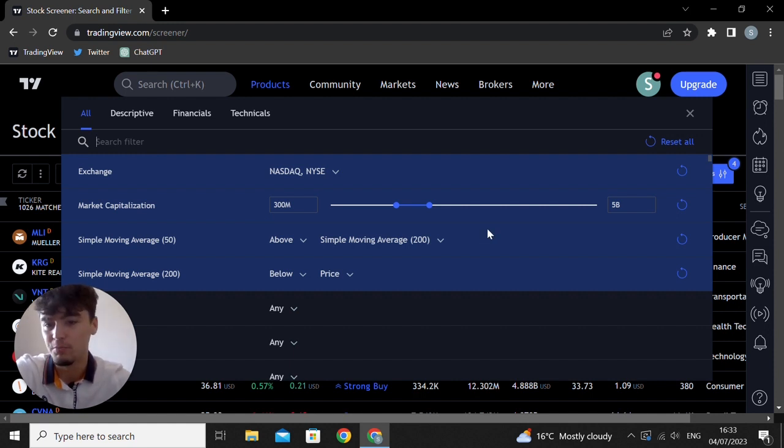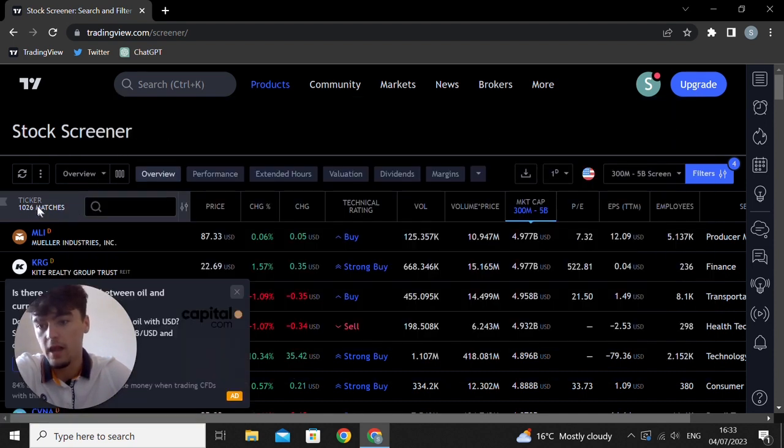And as well, once you go below 300 million, there's kind of no institutional activity, and again we're looking for that institutional activity. And we're going to go for the simple moving average above the 200 moving average, and then the 200 moving average below price. So those are all the screeners I have for now, and it brings up 1,226 matches.